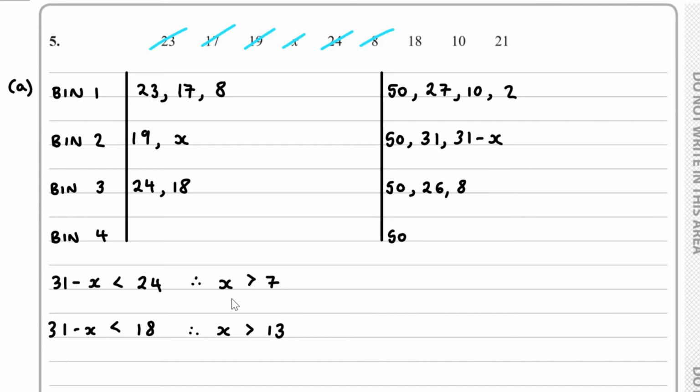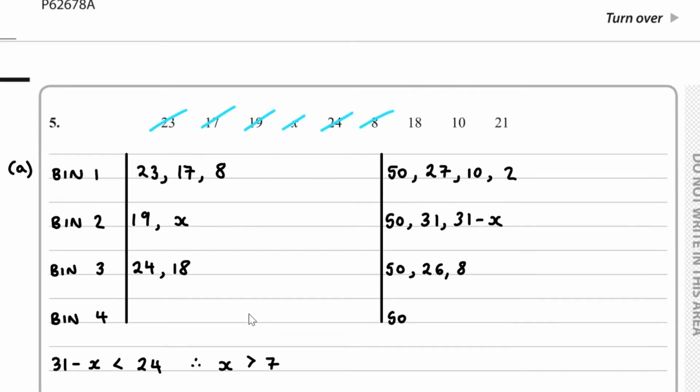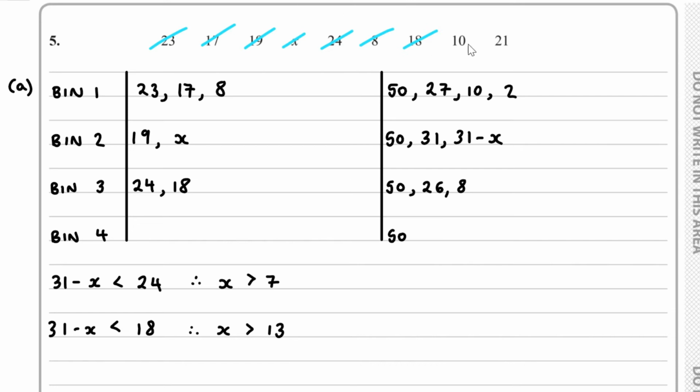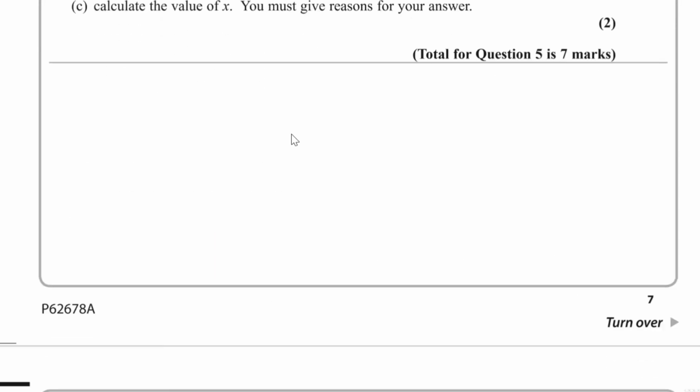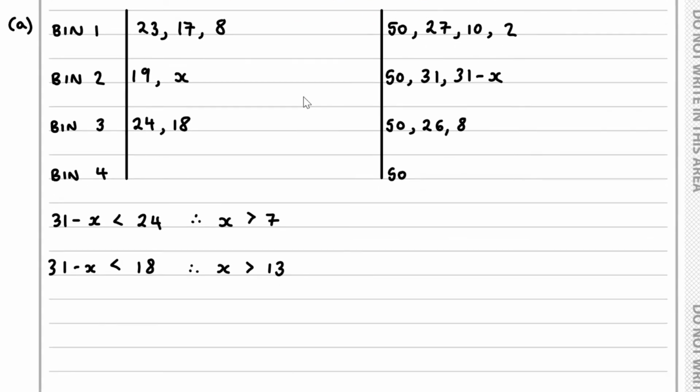Now, if we cross this off and deal with the 10, well, there's not enough space in bin 1, and if we take a look at where 10 was placed, that was placed into bin 2. So that tells us that there is enough space in bin 2 to put 10 in, which means that 31 minus x is greater than 10.